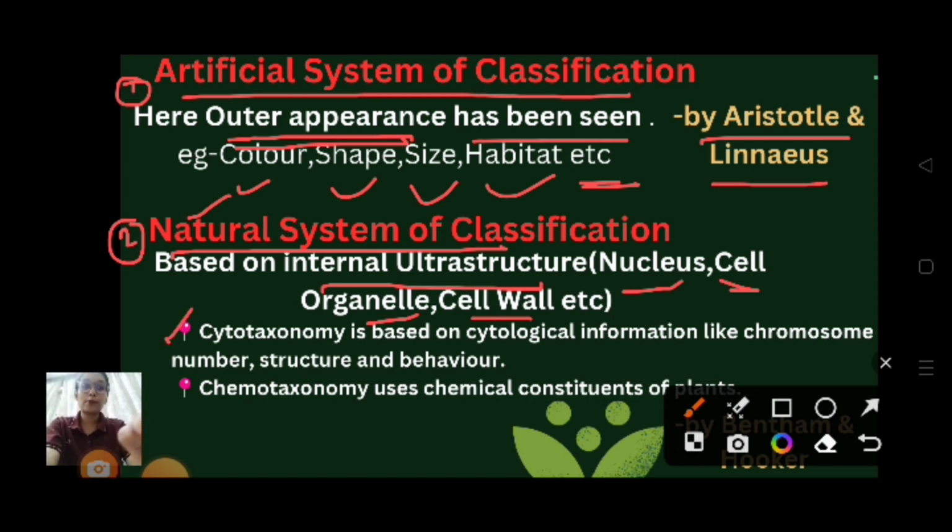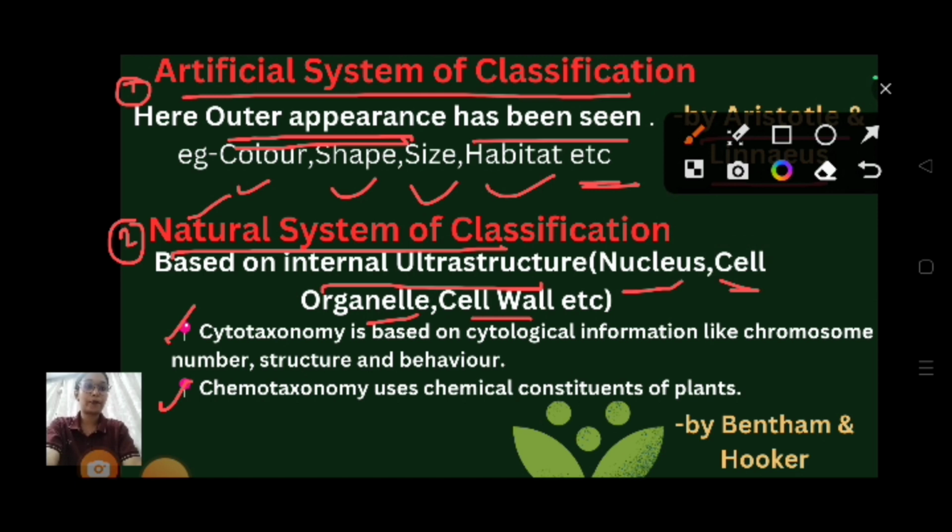This natural system was given by Bentham and Hooker. You have to know, for multiple choice questions, it is very important. Name the scientist who has given the natural system of classification. That will be Bentham and Hooker. So here two types of taxonomy we'll see.